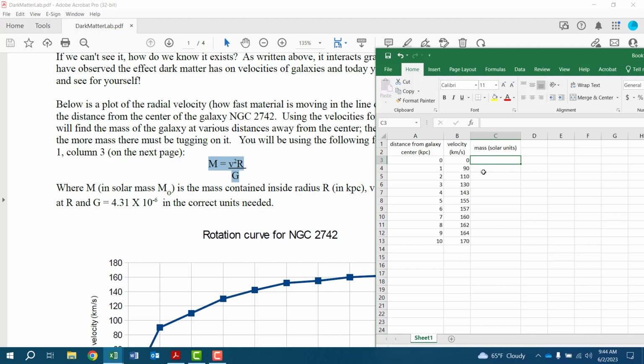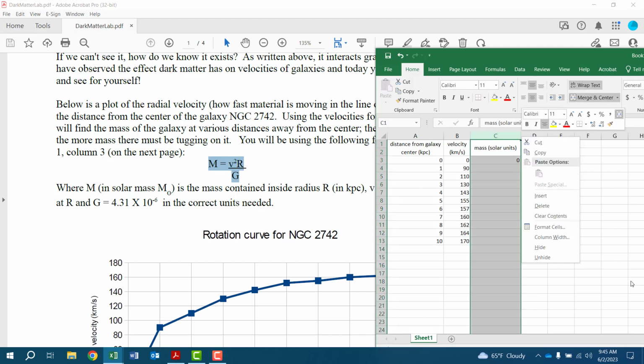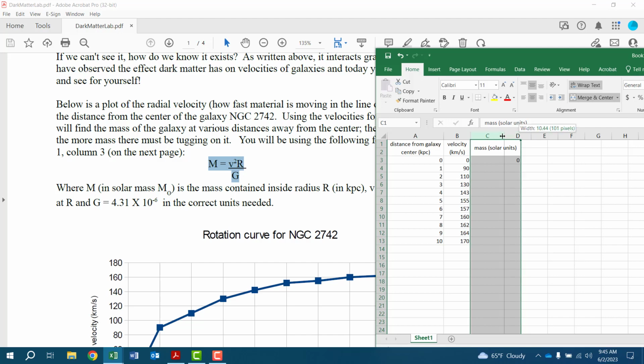So here's where Excel can save you a lot of time. Rather than using a calculator to punch all of these in individually, manually, I don't want to apply the formula for the first data point. If we look at the formula, obviously if we plug in 0 for R and 0 for V, we're going to get 0 for M. So let me just enter the number 0. And it's in the next cell that I will actually calculate using the formula.